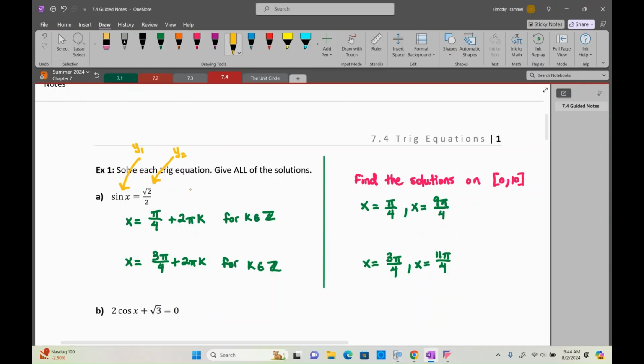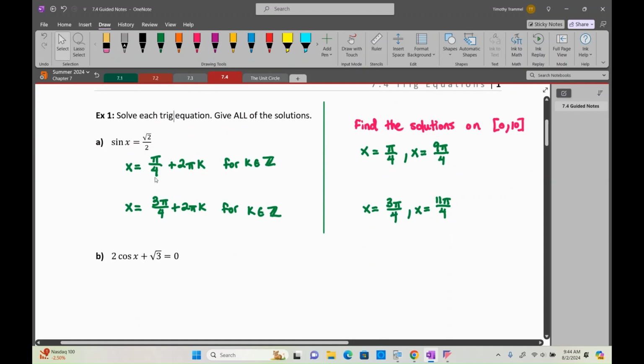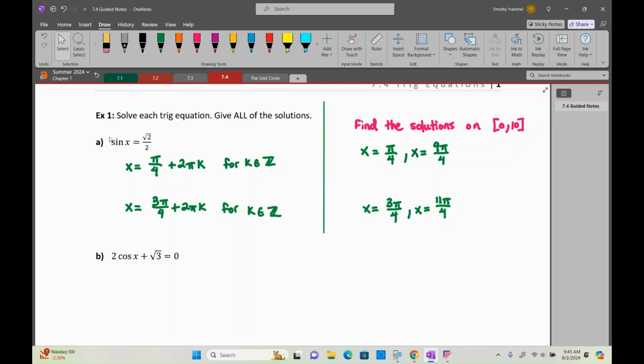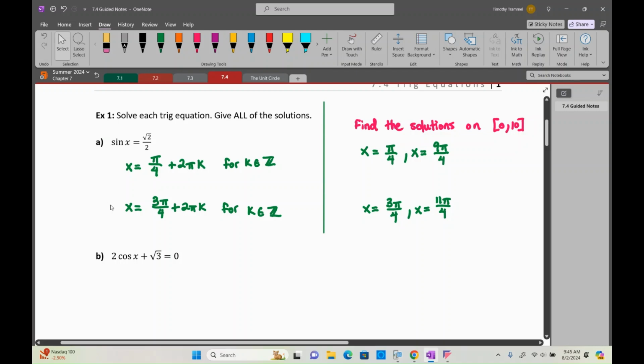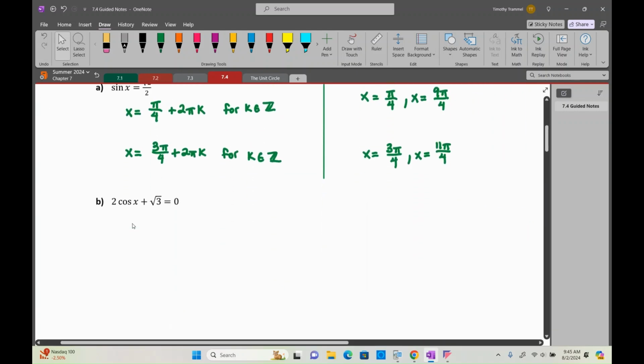And so now that we've finished 2 side notes, let's do some more of these questions, okay? So one thing you might have noticed in A is we already had our trig function equal to something that we're used to seeing on the unit circle. Okay. So the hope is that the same thing will happen with all these, even though they look a little bit different. Okay.